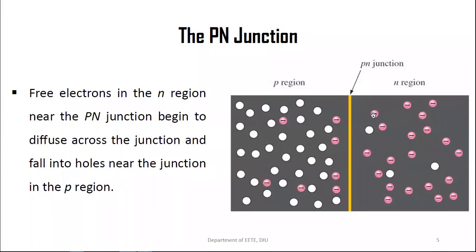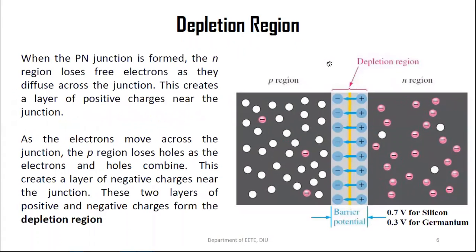This electron will flow from right to left, from the N region to the P region, and recombine and become neutral. In this junction area, the hole and electron combine, so that becomes a new region known as the depletion region.